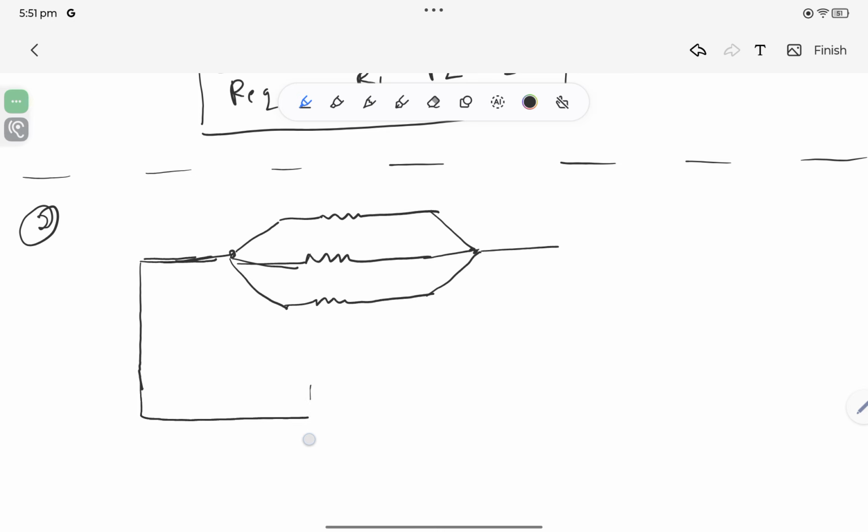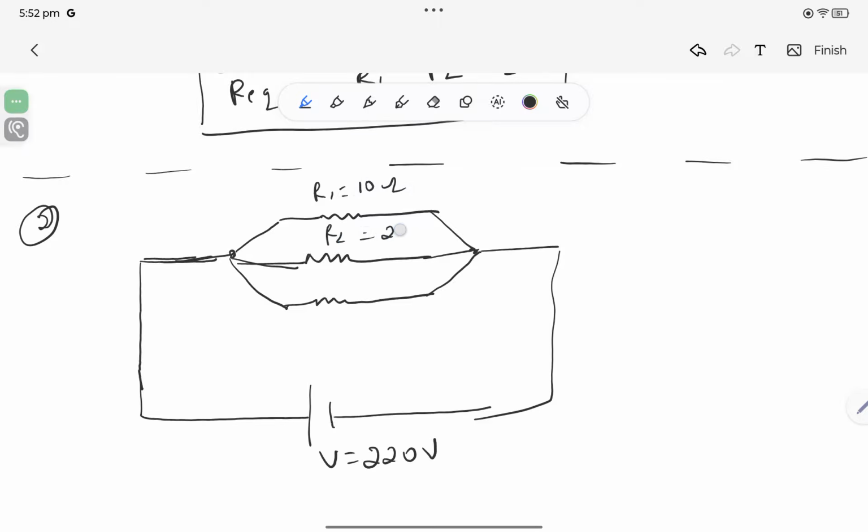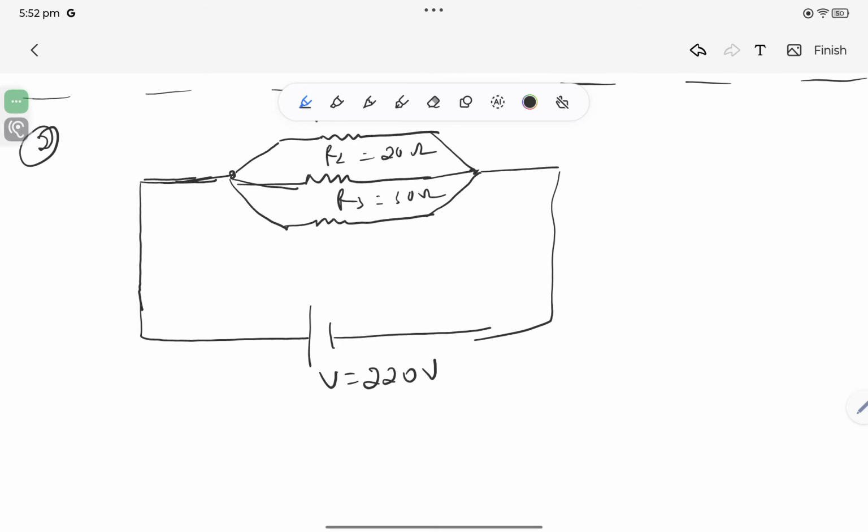Battery is connected. Here voltage is 220 volt. R1 is 10 ohm. R2 is 20 ohm. R3 is 30 ohm. Calculate the current.